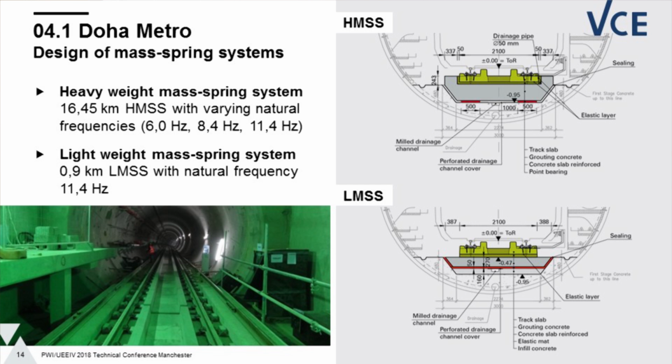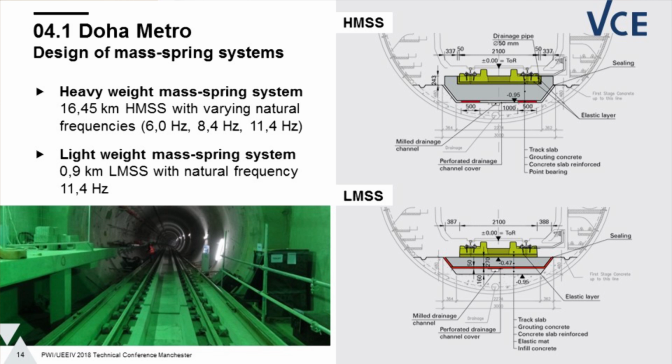So, based on the noise and vibration report, we needed to implement different systems in order to maintain the required limit values. We have this heavy mass spring system that you already saw before. It's a floating track slab on single discrete point bearings.